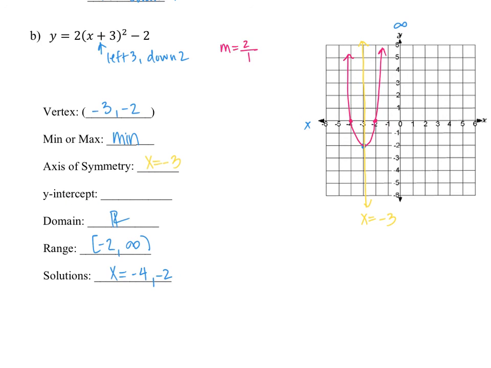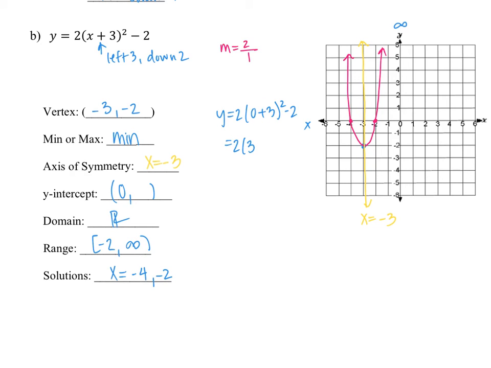For the y-intercept, I don't know where it hits the y-axis from my picture, so I'm going to go ahead and plug in 0 for my x and find my y value. So if I plug in 0 for x and work this out, I'm working inside the parentheses first.